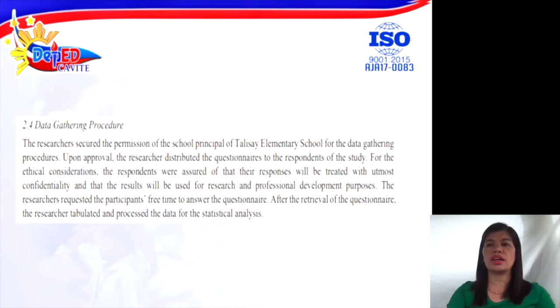For the ethical considerations, the respondents were assured that their responses will be treated with utmost confidentiality, and the results will be used for research and professional development purposes. So these are the components or the content of the data gathering procedure.